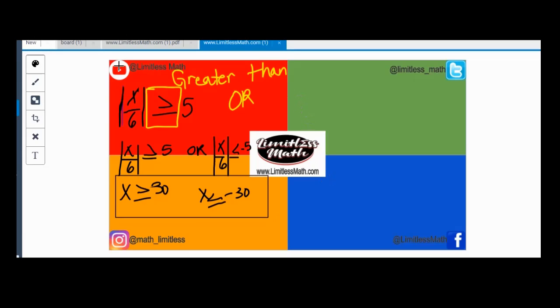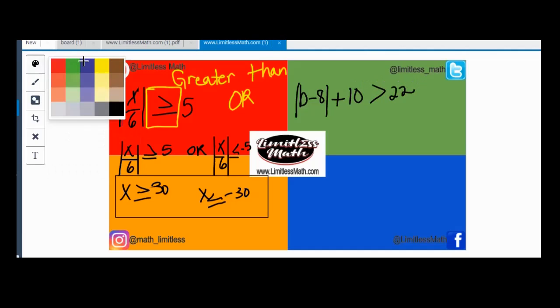Let's do the absolute value of b minus 8 plus 10 is greater than 22. So notice I said it's greater than, so I know I need to do an OR problem.